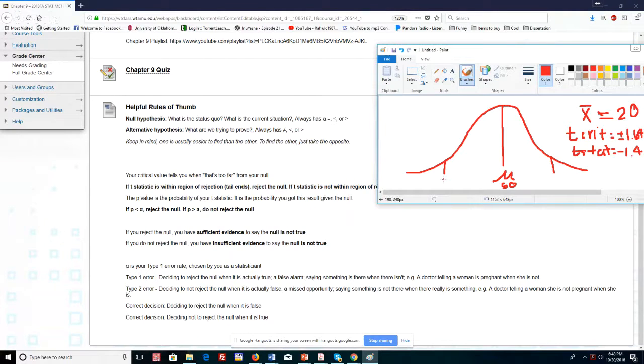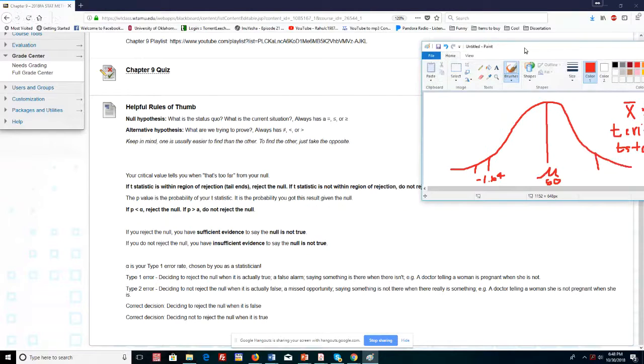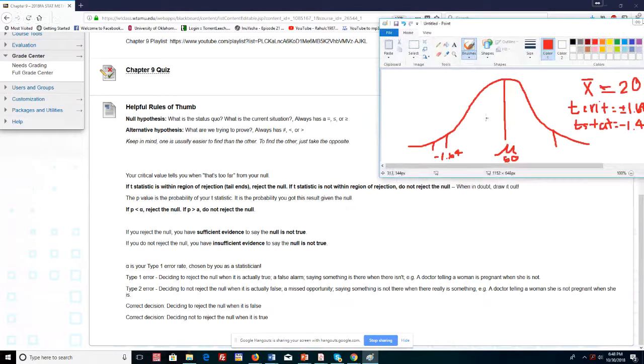So here's my critical value of 1.64. My t statistic is negative 1.4. It'll be somewhere over here. And you can reject the null. If it's not within the region of rejection, so if it's in this middle part here, then you do not reject the null. I always like to draw these out. Sometimes it's difficult to picture where negative 1.4 is in comparison to 1.64.